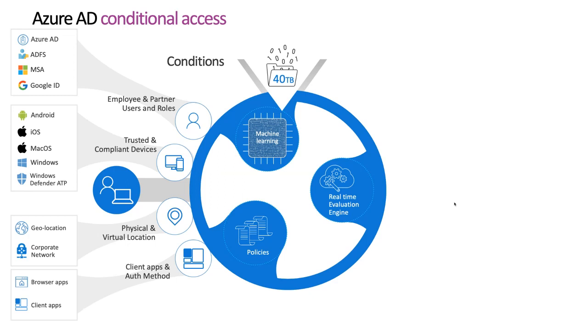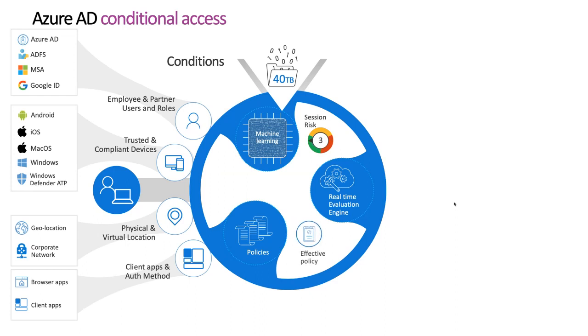So if somebody is logging in from a remote location that is known to be a bad IP address, maybe somewhere in Africa or any other country that is known as a bad actor, you will automatically get protected from that IP address on your tenancy. So if somebody's user credentials did get stolen, it would apply all of these real-time evaluation metrics across that tenancy and prohibit somebody logging in from that IP address from within your location.